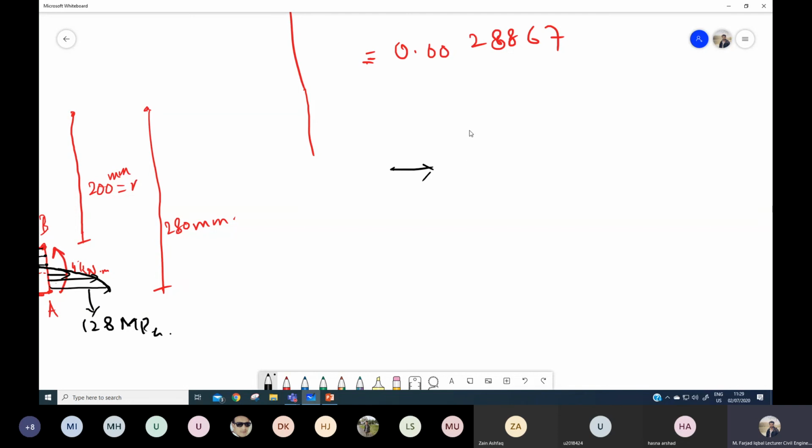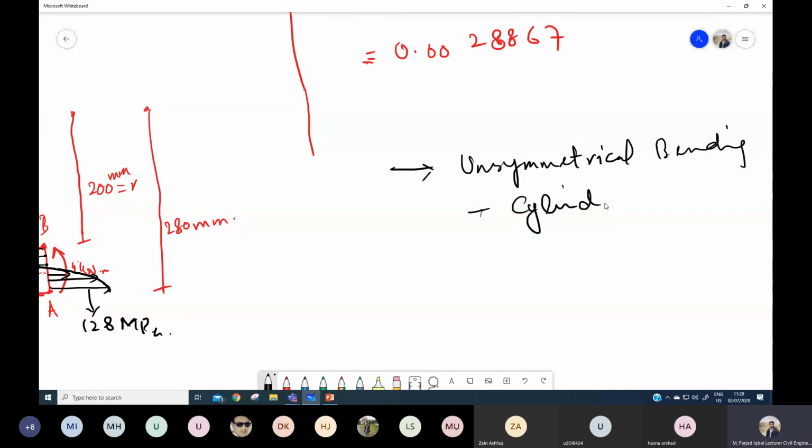After midterm, if I summarize, we studied unsymmetrical bending, cylinders, thick and thin, and columns, or eccentric columns basically.